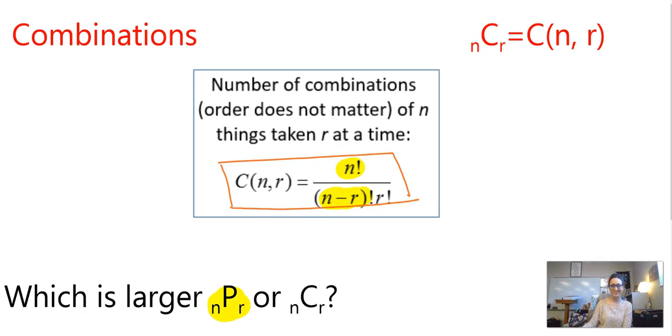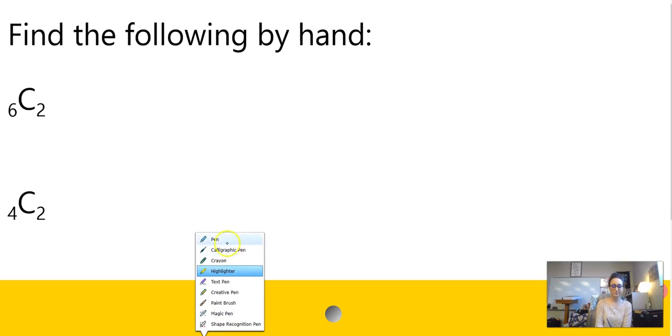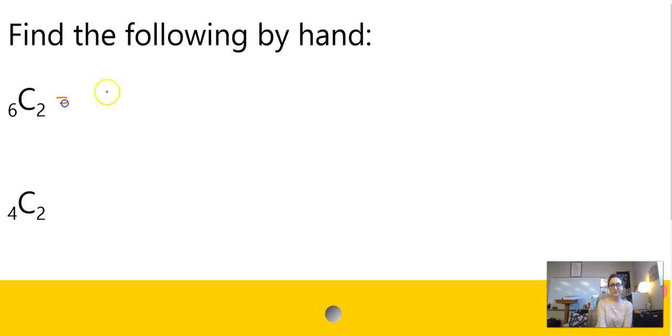Okay, let's try some examples. So if I want to find a combination by hand, this 6 choose 2, then according to our formula, it starts the same way as a permutation, right? I have 6 factorial in the numerator. I would have 6 minus 2 factorial in the denominator.